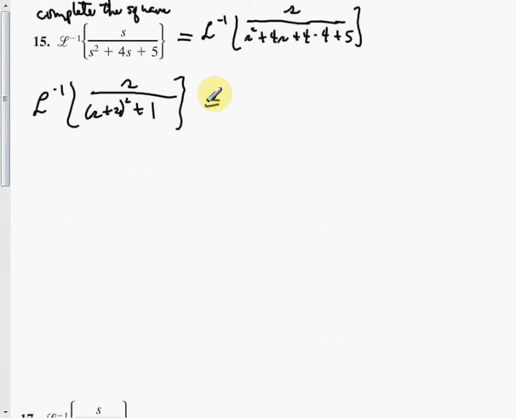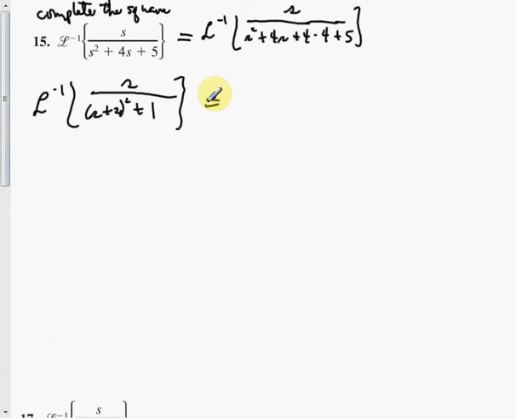Now here's where you have to use your magic math. You remember there's two things going on with the inverse for the first translation theorem. You want to be able to pull out e to the at, and then you want to be able to identify the function f of t. Well, here e to the at is going to be e to the negative 2t.